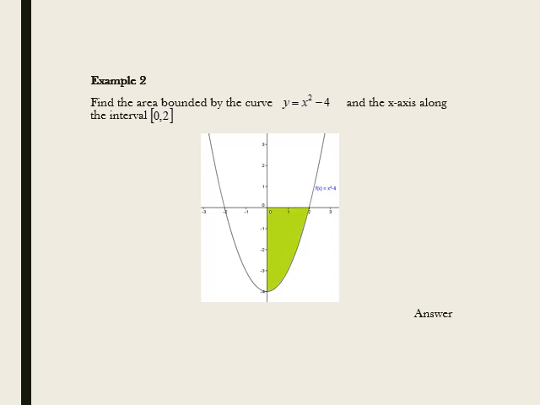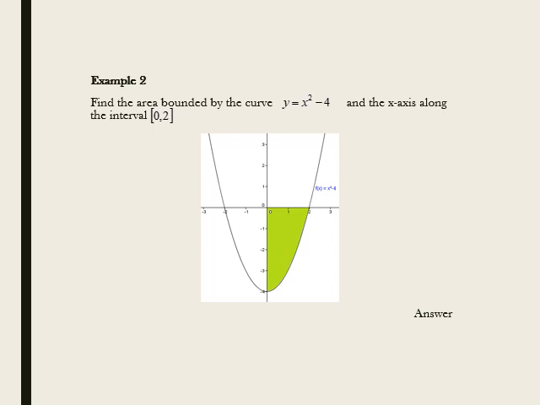So now find the area bounded by the curve y equals x squared minus 4 and the x-axis along the interval 0, 2. So it's in the green region here. So let us integrate this one. So now it's the x-axis to the curve.